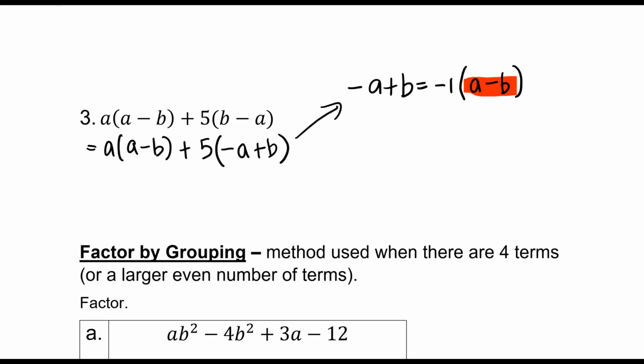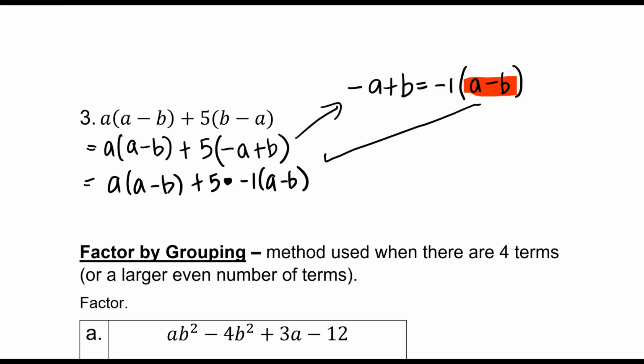So what I'm going to do is rewrite this problem as A times A minus B, but on this side, 5 times negative 1 times A minus B. Because that's what it's equivalent to, right? So this negative A plus B is the same as negative 1 times A minus B, according to this over here.